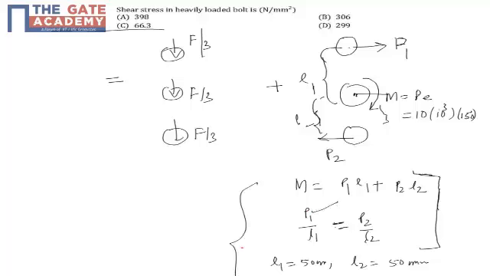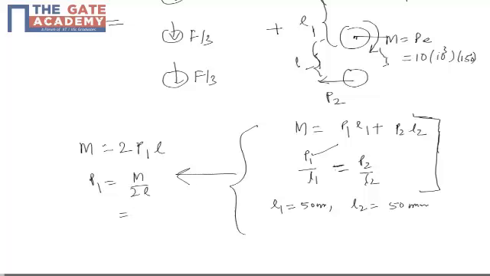So for this problem, because P1 and P2 are equal, I just replace P2 with P1. P1, which is the secondary load, is M by 2L, and M is P into E, so P into E by 2L.